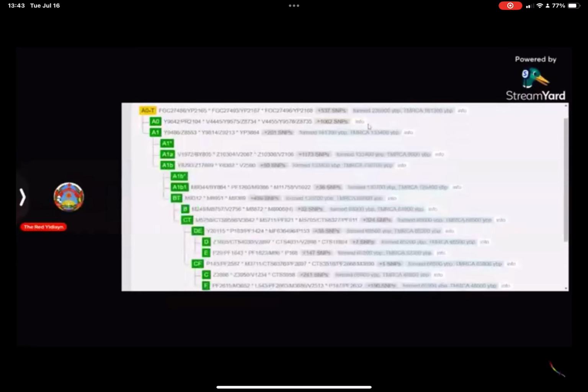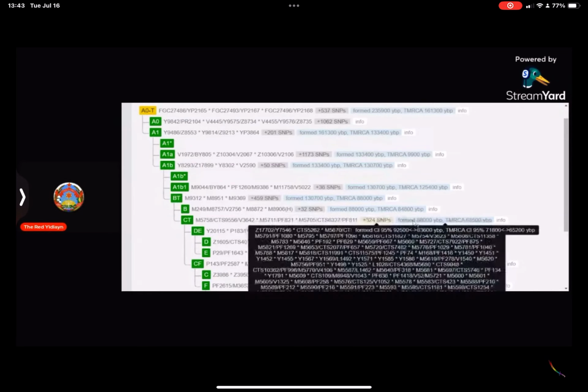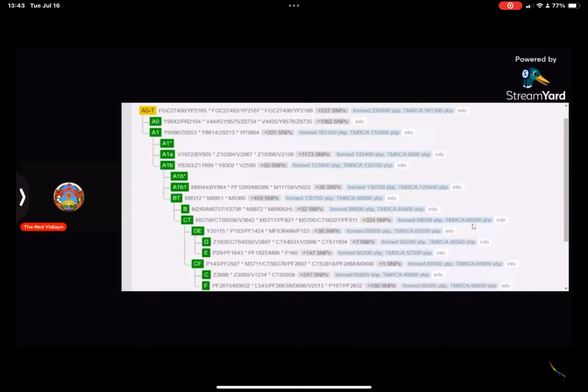And then obviously you've got the lineage of Cain, and then Enoch, and then Irad, and then Mehujael, then Methusael, and Lamech, and we get down to Lamech, who would be formed, it says, about 68,500 years before present.